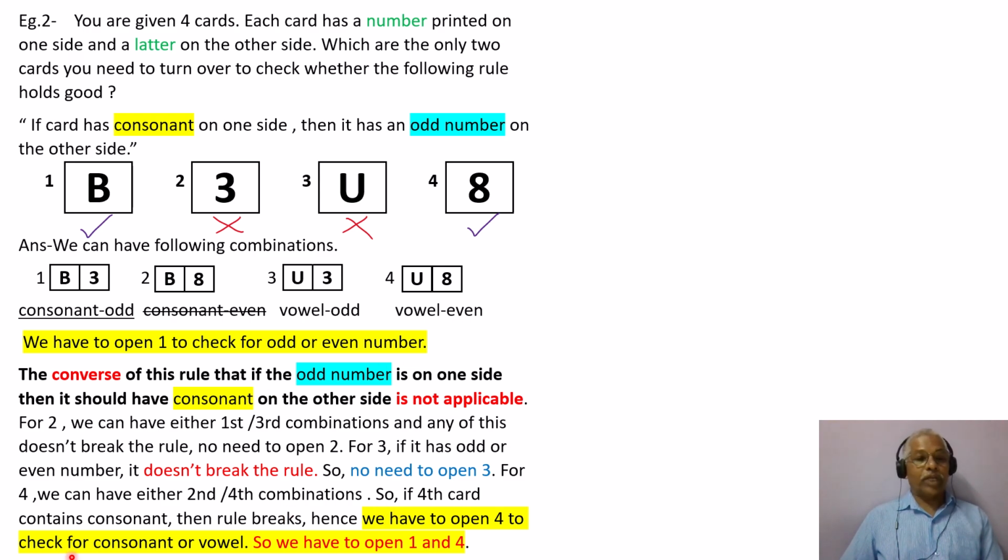So if fourth card contains consonant, then it breaks the rule, so we have to check that. Got it? Hence we have to open 4 to check for consonant and vowel. So overall we have to open first and fourth. That's the answer.